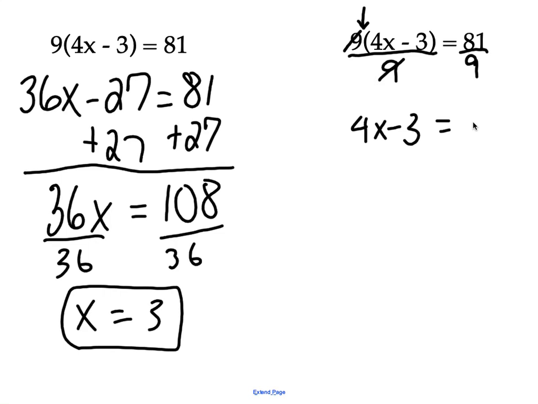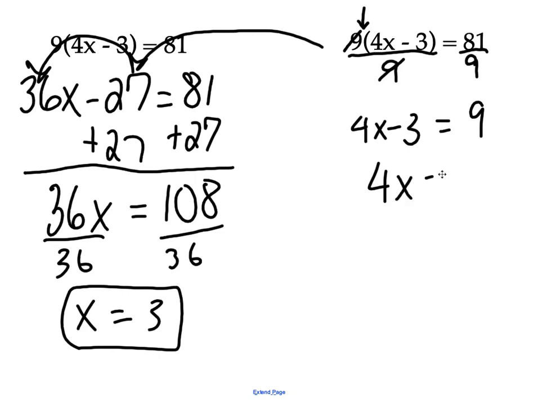The whole point of putting that 9 underneath is that it will knock out that 9 that's on the outside. That 9 that's on the outside is technically part of both the 4x and the 3. That's why it looks like this over here. So one division by 9 knocks out both the 9s that would have applied to the 4x and the 3, and then 81 divided by 9 is just 9.